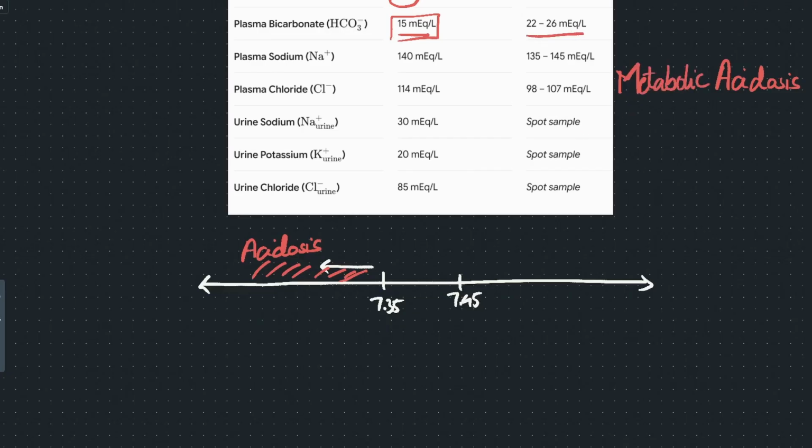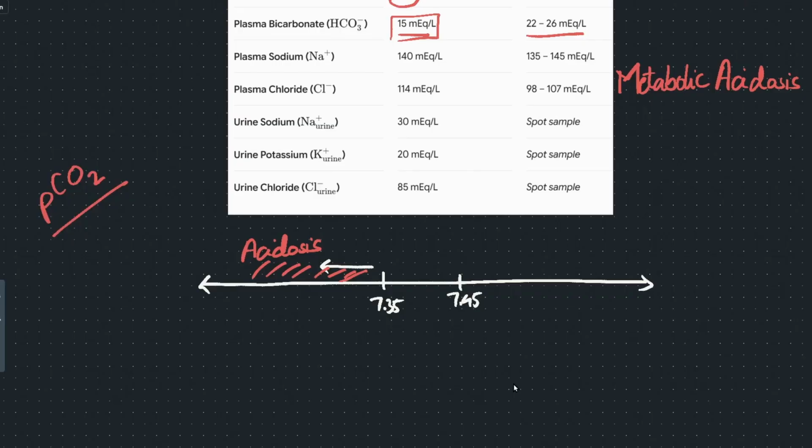Since this lecture is on metabolic acidosis, obviously this case would be metabolic acidosis, so I simply haven't mentioned the PCO2. But if I had mentioned it, the PCO2 would likely be low. Why? Because there would be hyperventilation, the respiratory compensation.